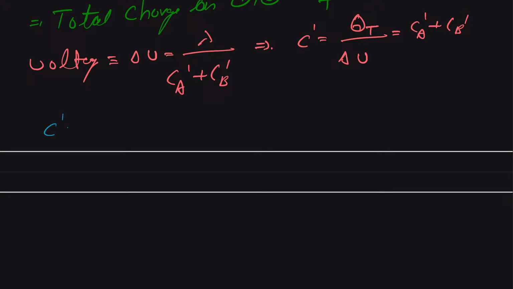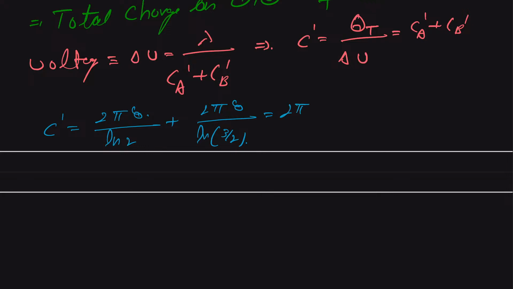So we get our C prime will be equal to 2 pi epsilon naught natural log of 2 plus 2 pi epsilon naught natural log of 3 by 2. And we can just solve it a little bit. So we can just take 2 pi epsilon naught as common.